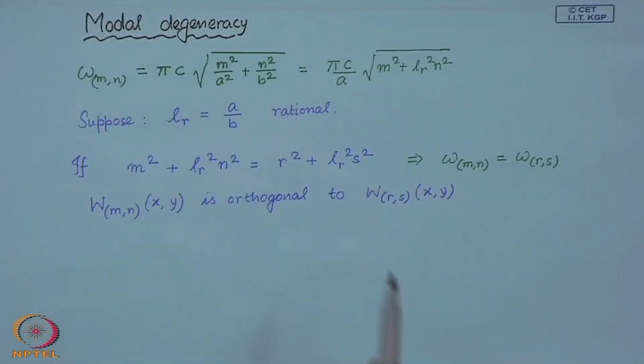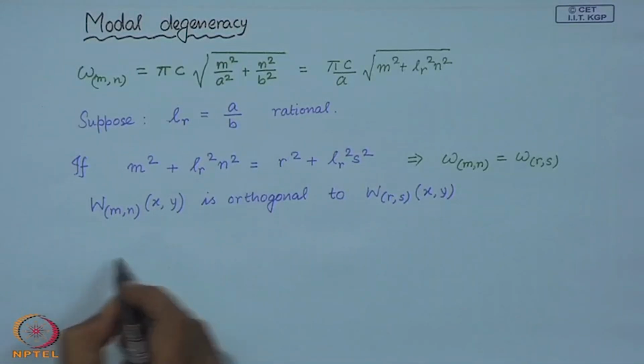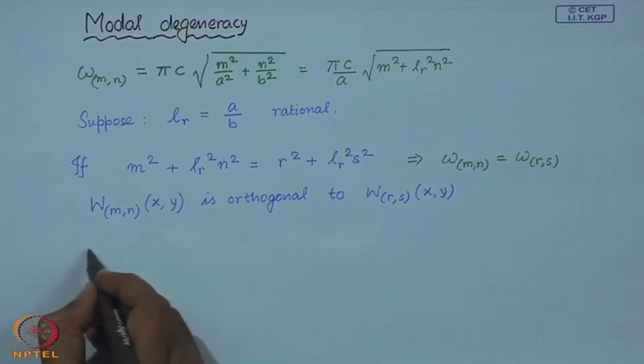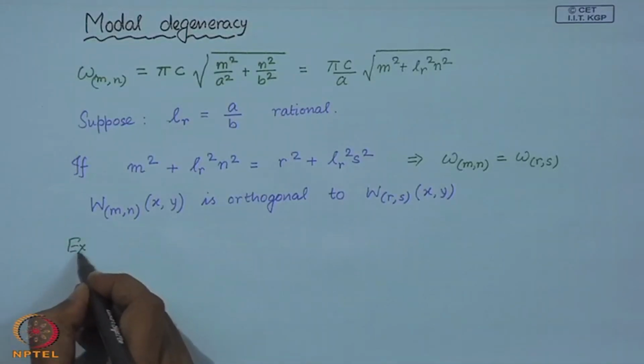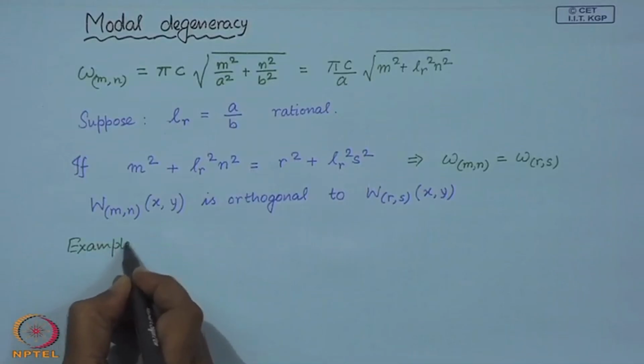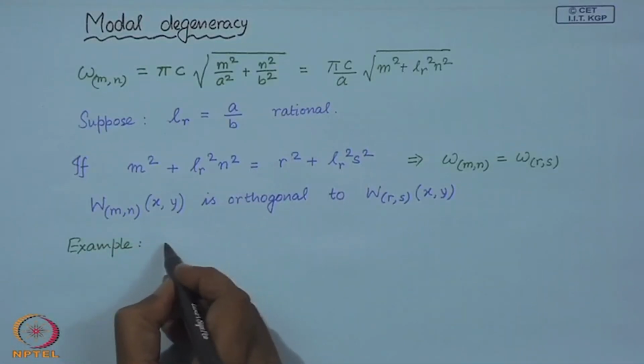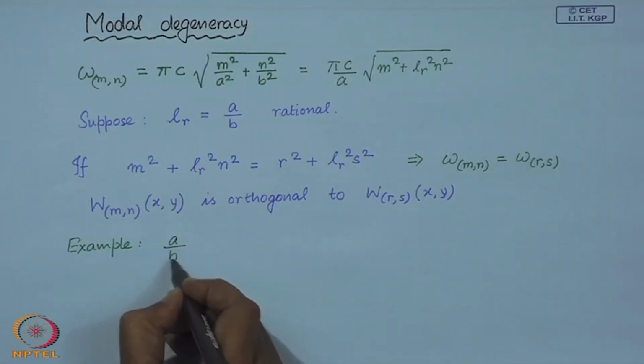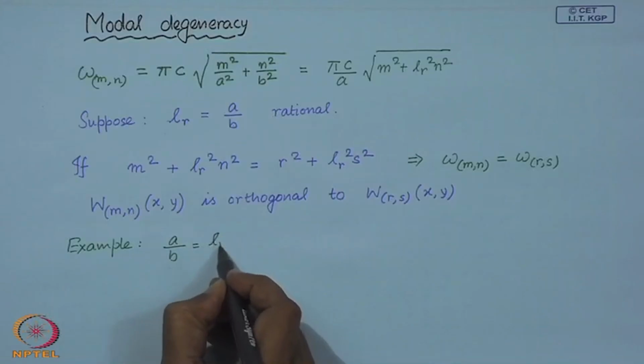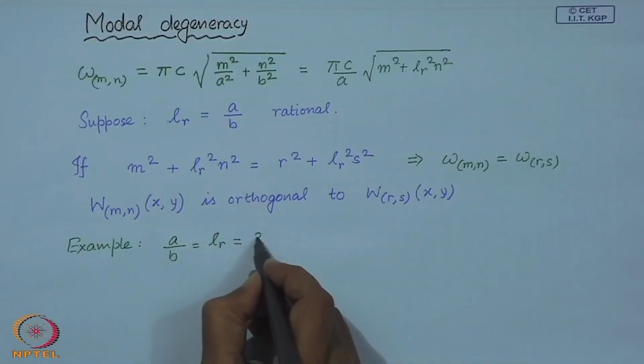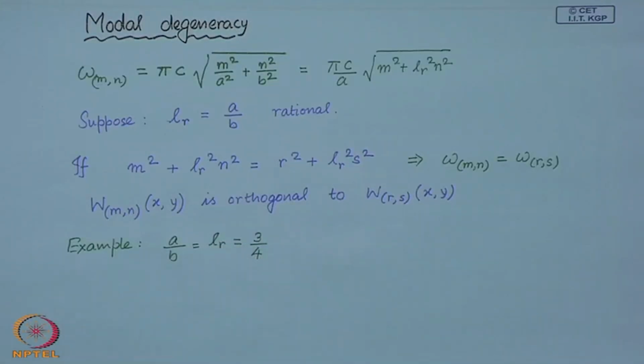Now, this is an interesting occurrence. Now, let us see an example. So, for example, if a over b, which is L r, is 3 over 4.